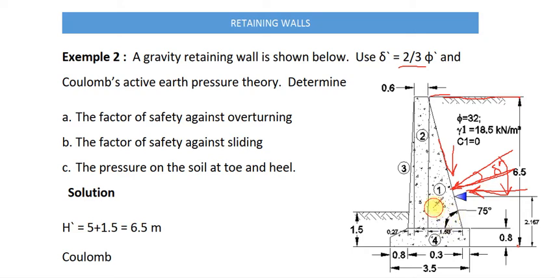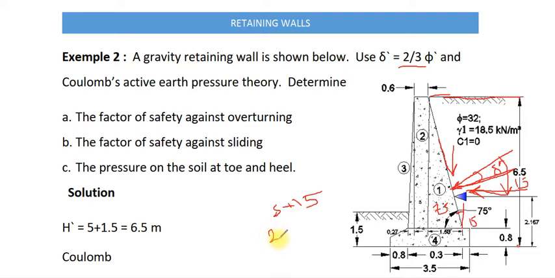Since this angle equal to 75, therefore this angle equal to 15, and this will be also 15. So the total angle will be delta plus 15.